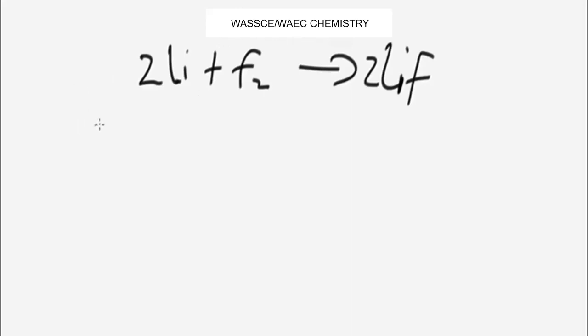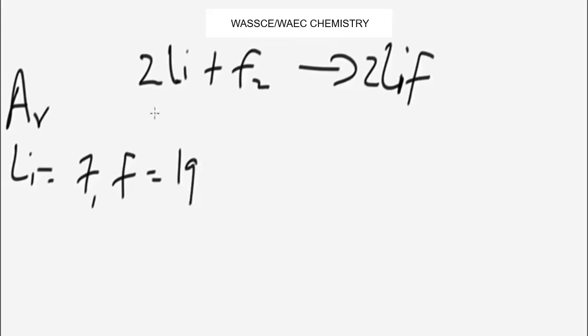Before we begin to add, let's note the relative atomic masses of these elements: lithium is 7 and fluorine is 19. To get the relative formula mass, or the molar mass, we add the relative atomic masses of the atoms.